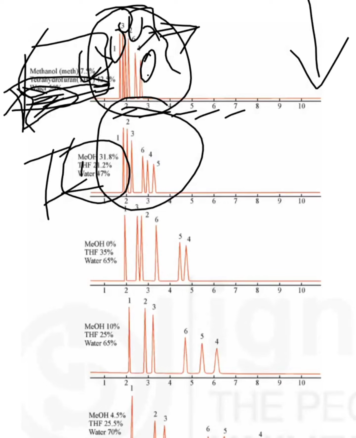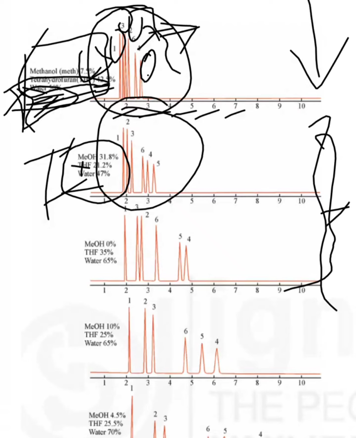These two can be compared with the reference, the internal standards, meaning already determined compounds. We can see these chromatograms by varying this. See here, methanol we have used 31.8%. So you can see the difference between compounds 1 and 3.